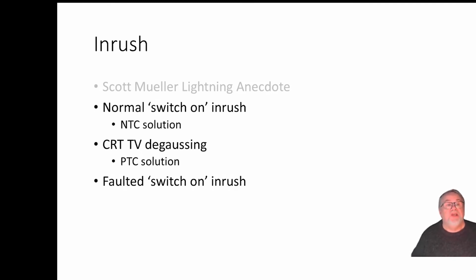But you knew it was there because when you switched the TV on, it used to give this thump as it came on, old colour television sets, and that was the degaussing happening. And now at this stage in your life, you finally understood why that happened 40 years ago. That thump was a degaussing circuit that they used to put inside televisions. And if a circuit is failed, if a circuit is short, you will get an inrush and you have to deal with it.